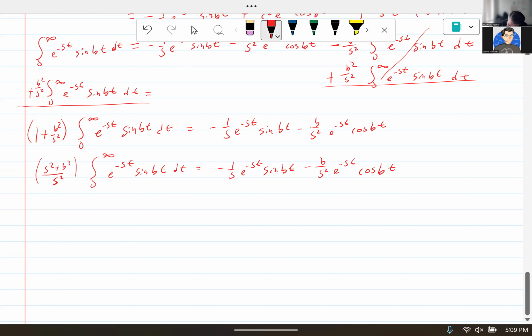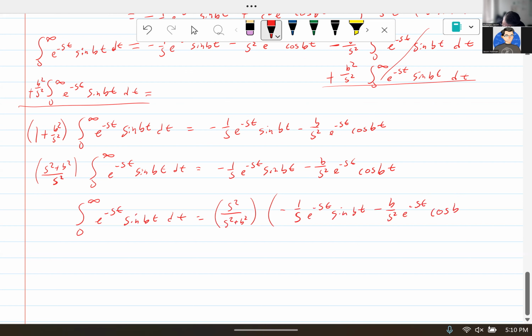Okay, and so if I just divide by s squared over b squared over s squared, I will end up with the integral from 0 to infinity of e to the negative st sine bt dt is equal to s squared over s squared plus b squared times negative 1 over s e to the negative st sine bt minus b over s squared e to the negative st cosine bt.